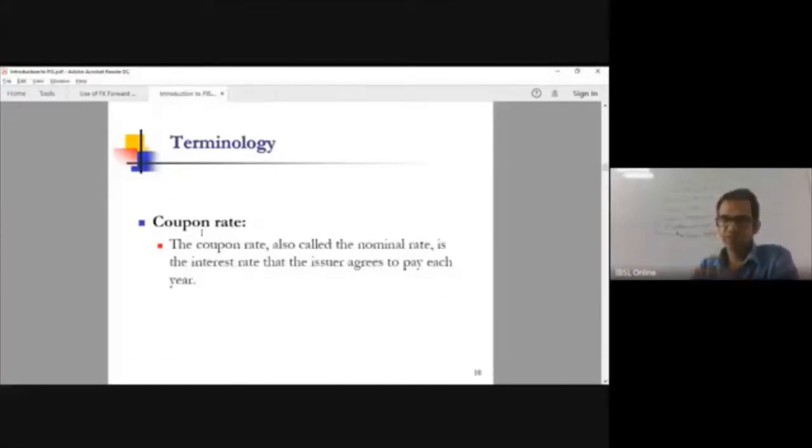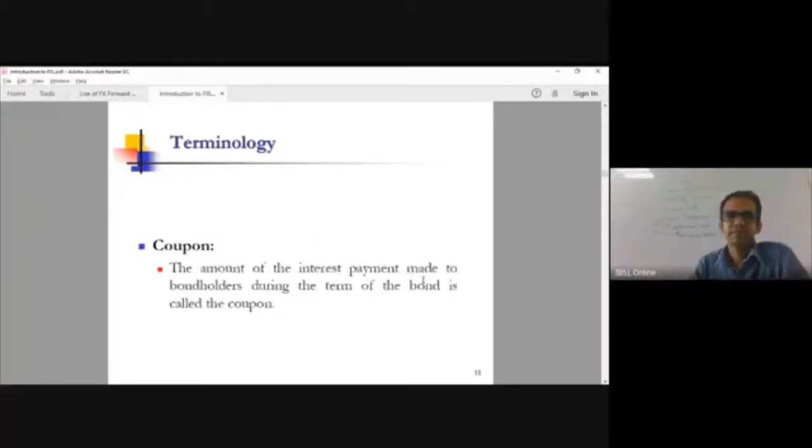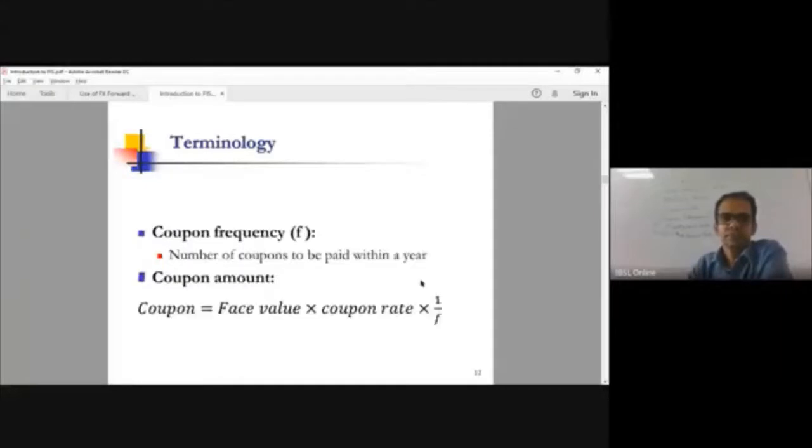So remember, the coupon rate is the nominal rate that the issuer agrees to pay each year. Irrespective of the coupon frequency, this is the rate that the issuer agrees to pay for a 1 year period. Then the coupon is, as I explained, the amount of interest that the bondholder will receive or the issuer will pay. Coupon frequency is how many coupons per year.